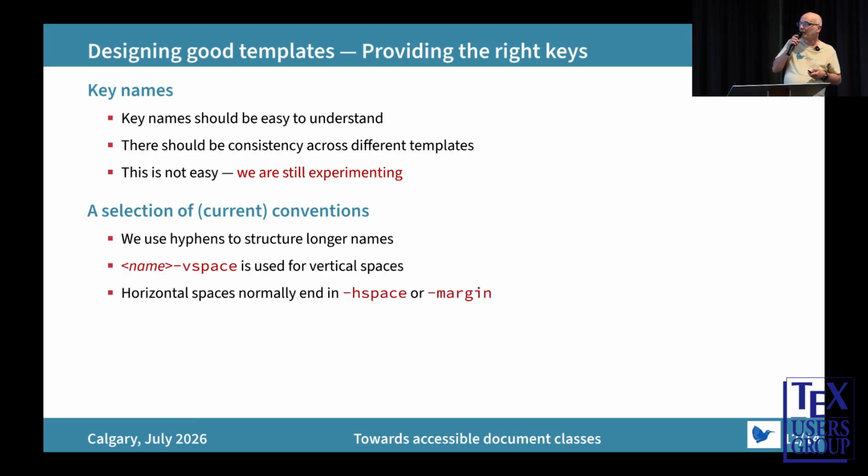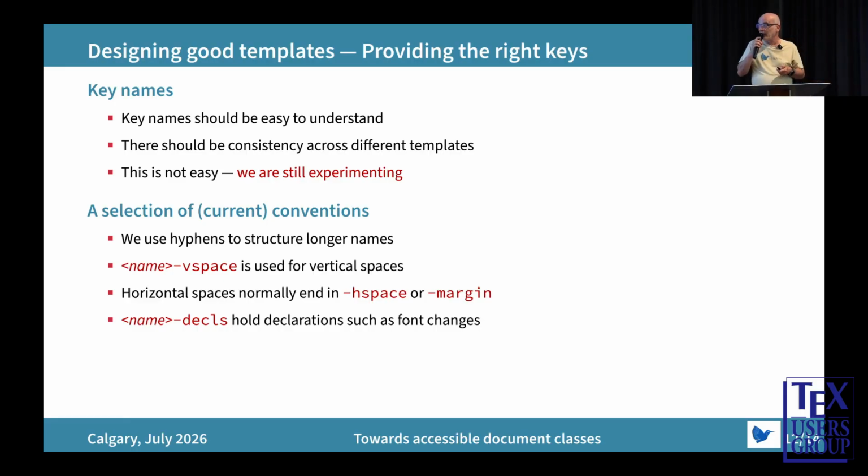Basically, we use hyphens for longer names. We have something like vspace for vertical space or hspace and margin for the horizontal ones. We call everything decals when we have declarations like font changes. So you have something like something-decal, something-else-decal. So title-decal, number-decal, and so on.